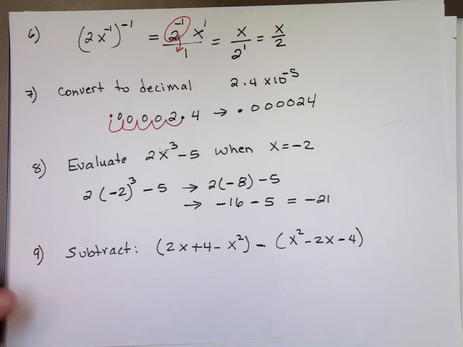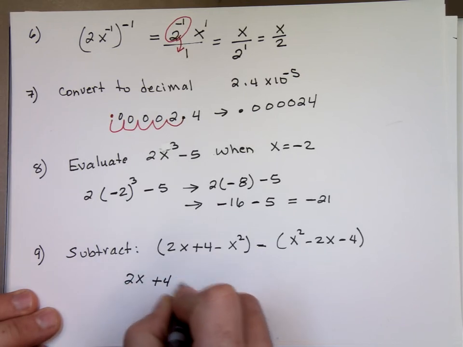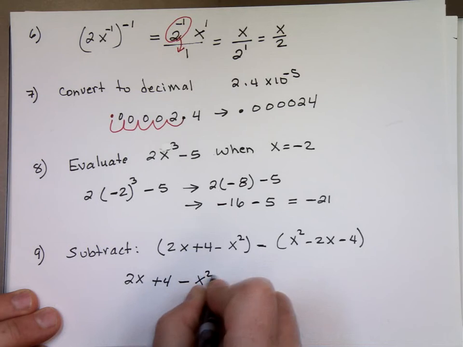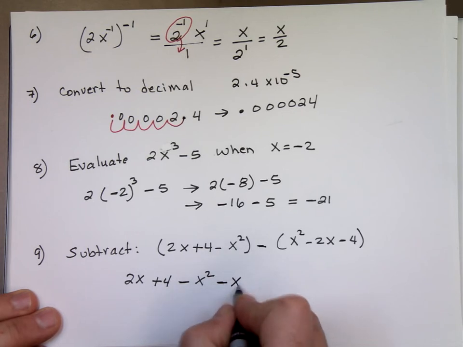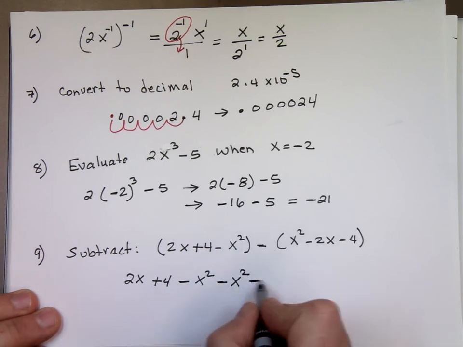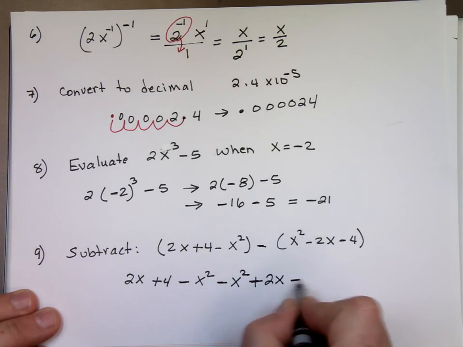The first one, I don't need the parentheses. I got a minus sign in the front. It's going to change all the signs on the inside. That will make it what? Negative x squared plus 2x plus the 4.